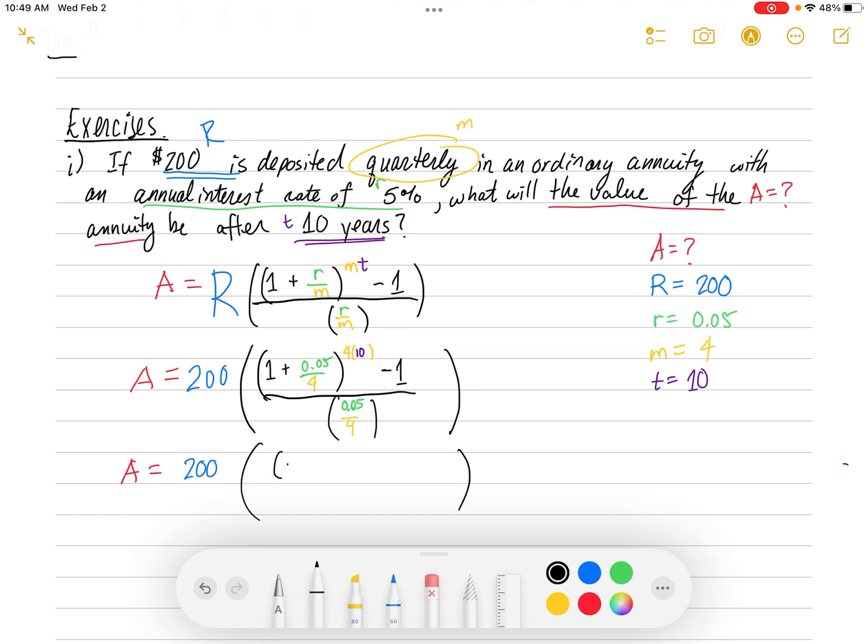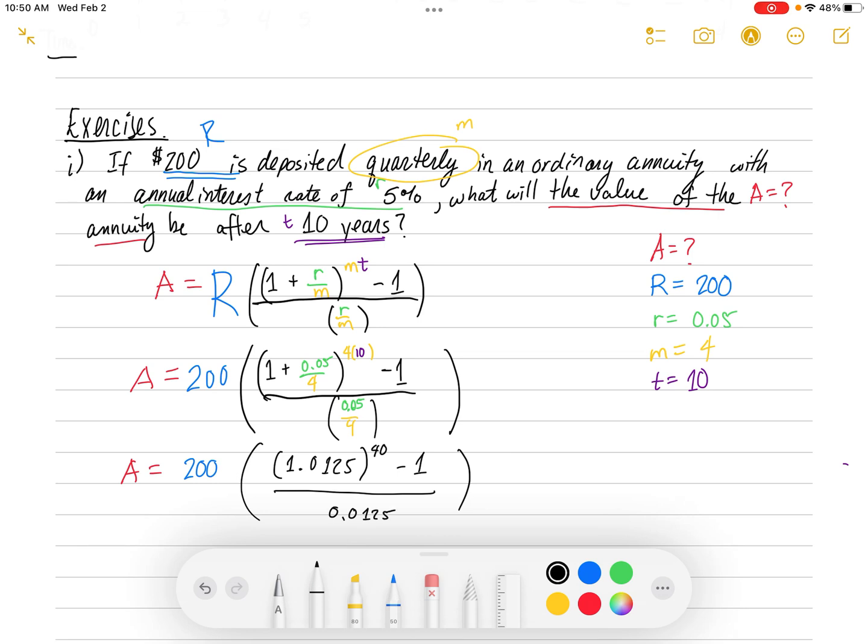So that's going to give me in the parentheses 1.0125 raised to the, let's see, what's 4 times 10? 4 times 10 is the 40 power, minus 1. And then we're going to divide that by 0.05 divided by 4 on the bottom, which is 0.0125.